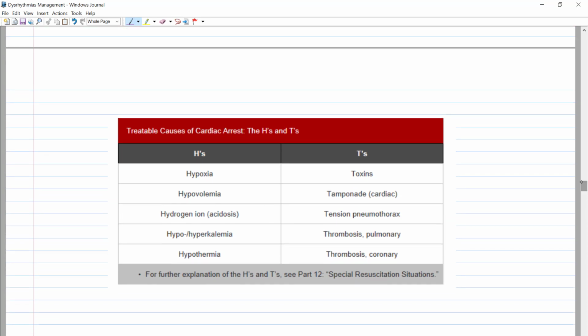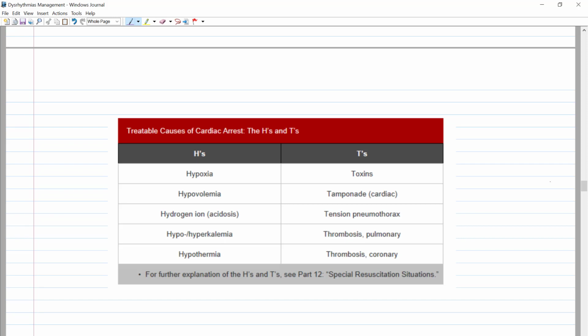So let's start with the H's and T's. With pulseless VTAC or VTAC with pulse, VFib, or even asystole, the most common causes that you have to investigate are the H's and the T's. And you have to know this by heart, okay?